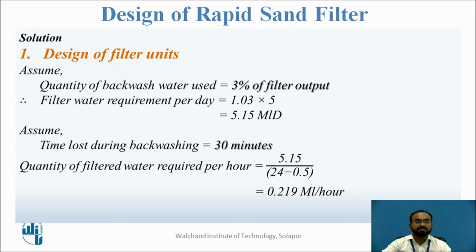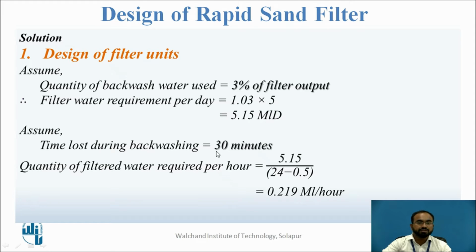The first one is design of filter units. First we have to assume the quantity of backwash water used will be 3% of filter output. So the filtered water required per day will become 1.03 multiplied by 5, which comes to 5.15 MLD. We also have to assume the time lost for backwashing, which will be 30 minutes.